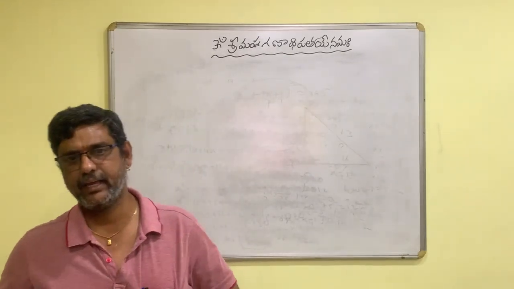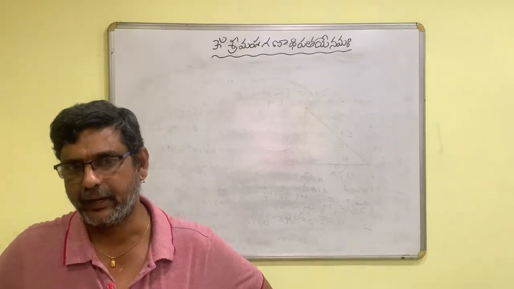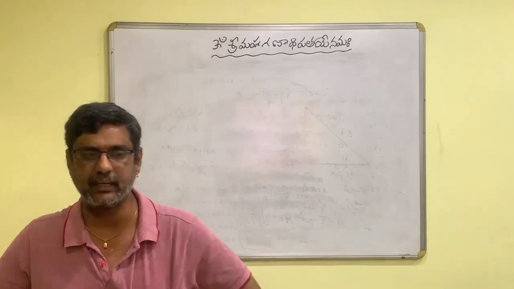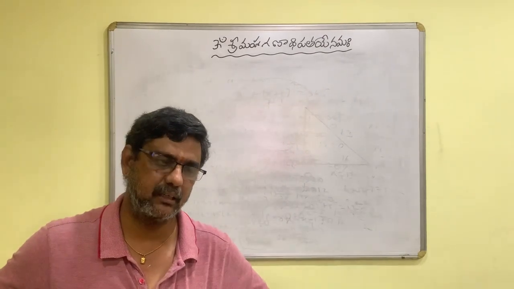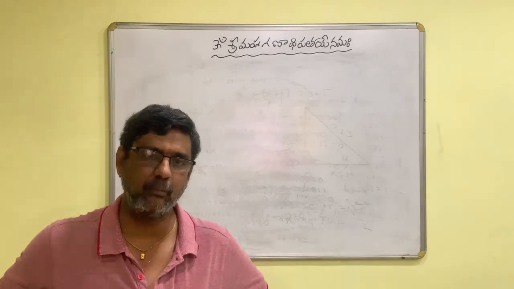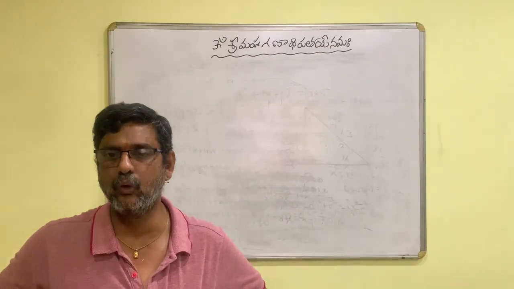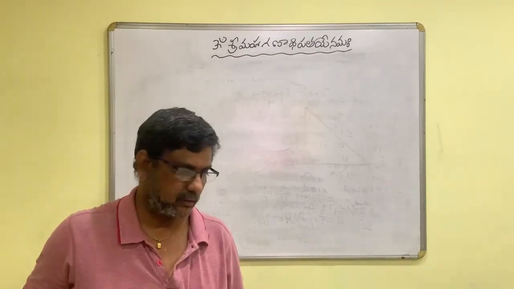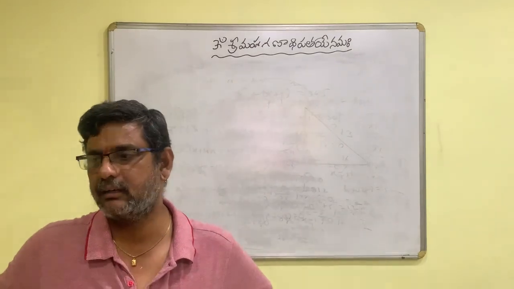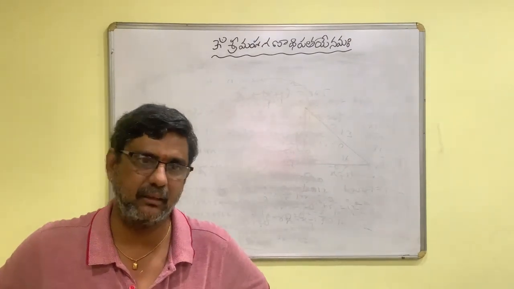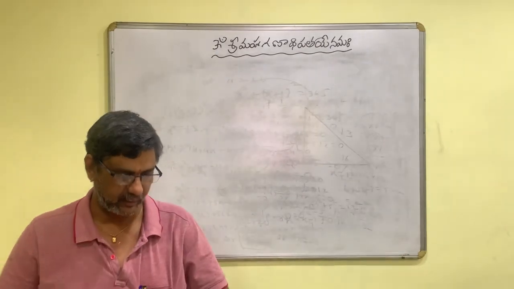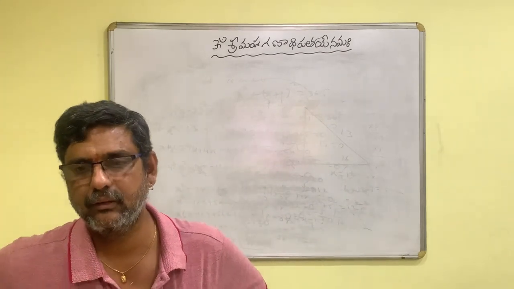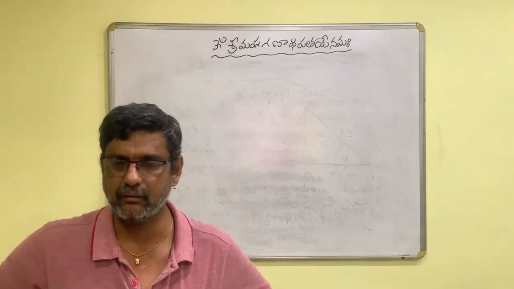She went to her father and asked that she wants to buy 2 notebooks and a pen, and she wants money. Her father agreed to give money, but he kept a condition: you need to form an equation.